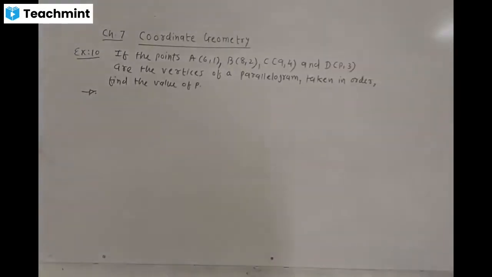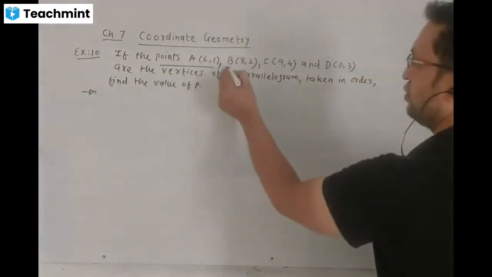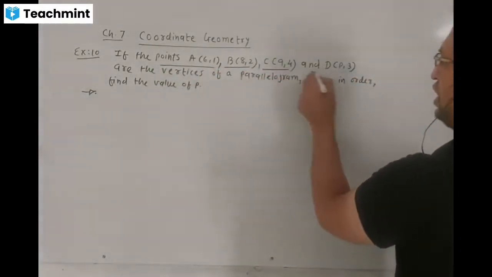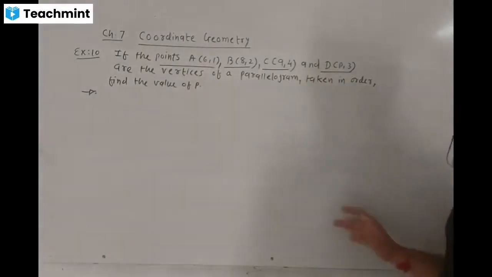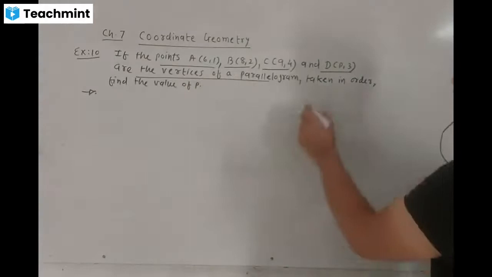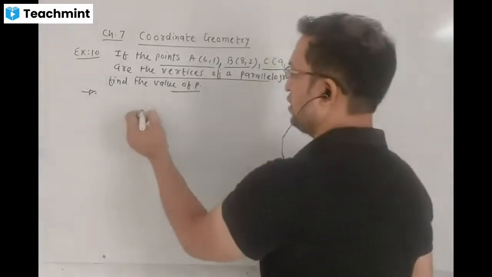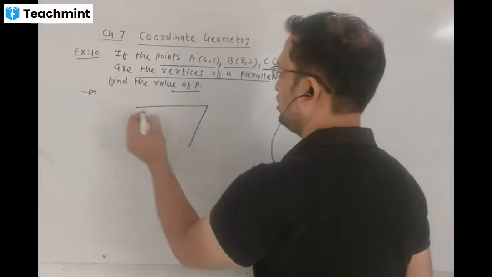Here in this question: if the points A(6, 1), B(8, 2), C(9, 4) and D(p, 3) are the vertices of a parallelogram taken in order, find the value of the unknown p.